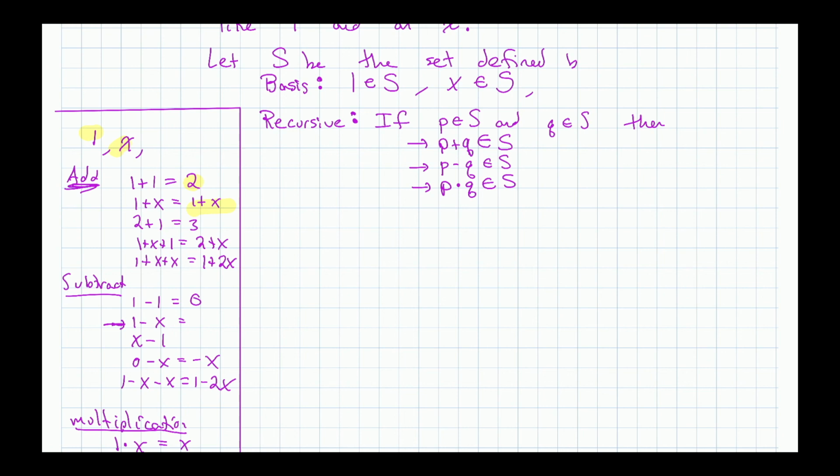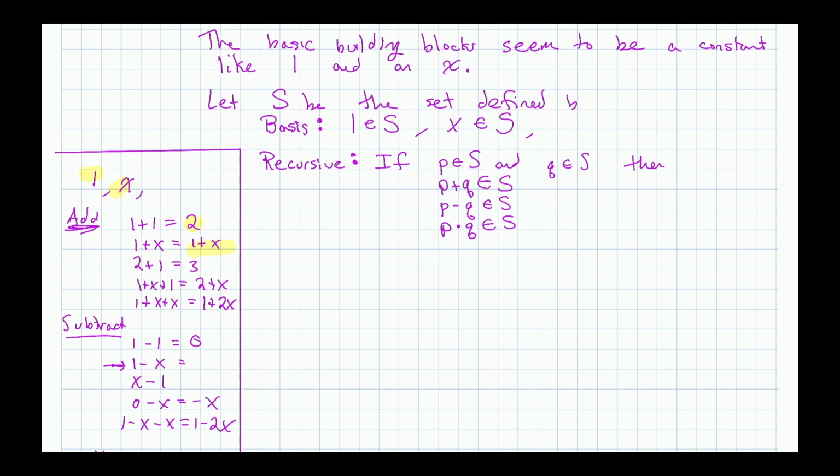And with those three operations, I think I can make all polynomials out of 1 and x. So that's the kind of thing you have to think about in order to do this type of problem. Yeah, so that's it. That is our definition right here.